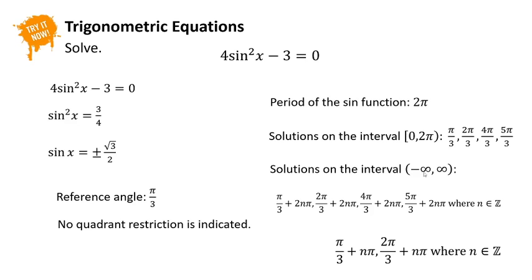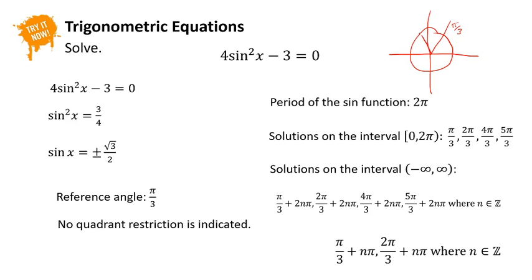We have our solutions on the interval negative infinity to positive infinity being each one of these things that are multiples of 2n pi. And so here's what I want you to see here. Let's see, if I want to plot these things up on a unit circle here. The first one's going to be pi over 3 here.